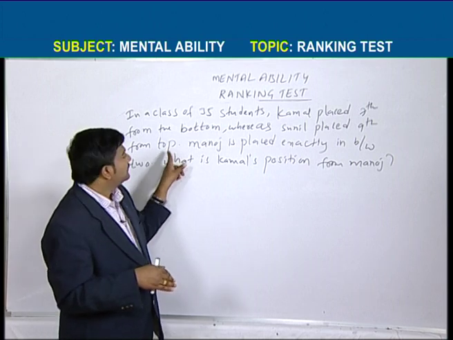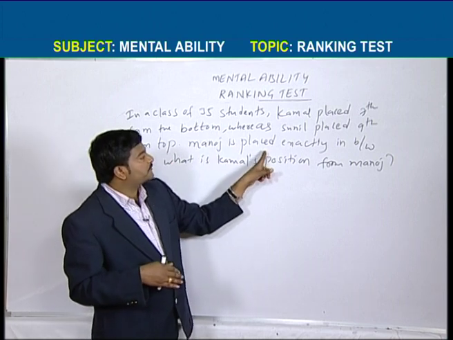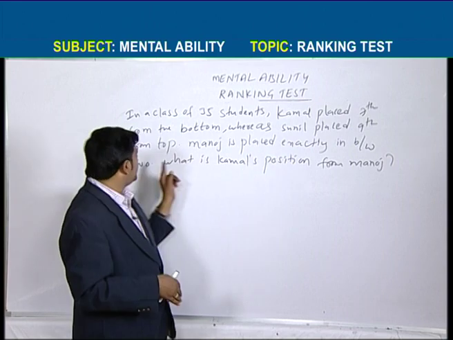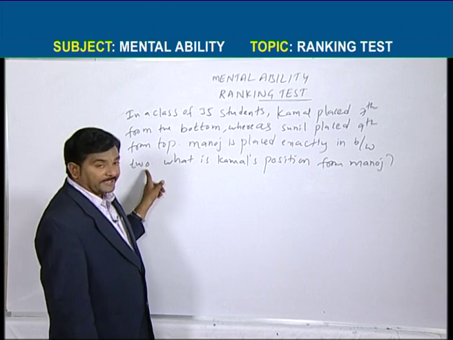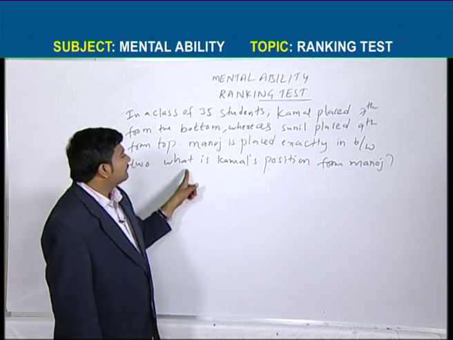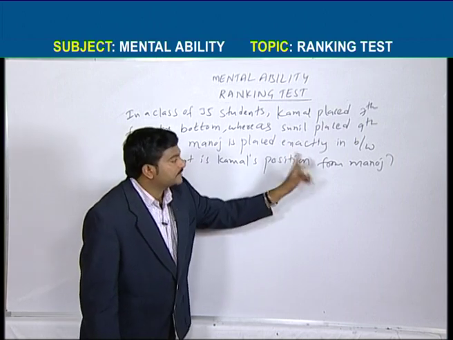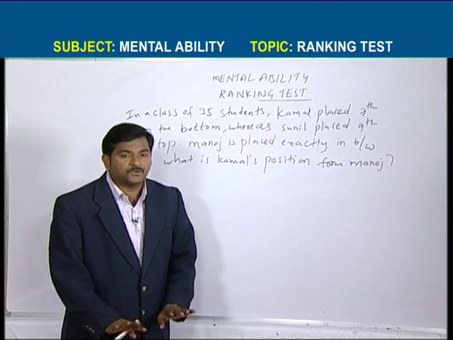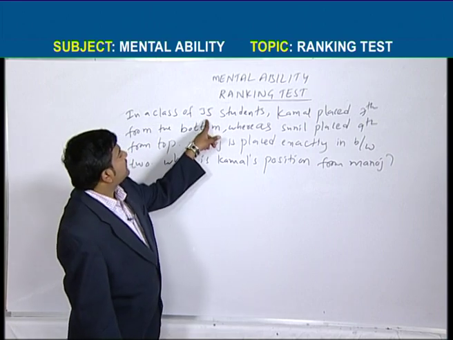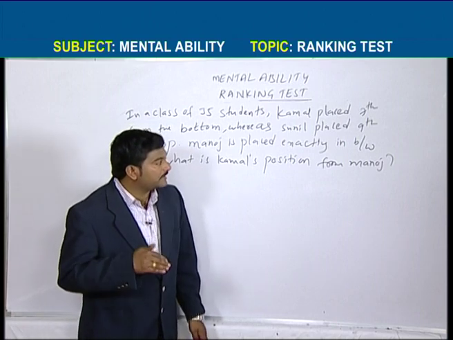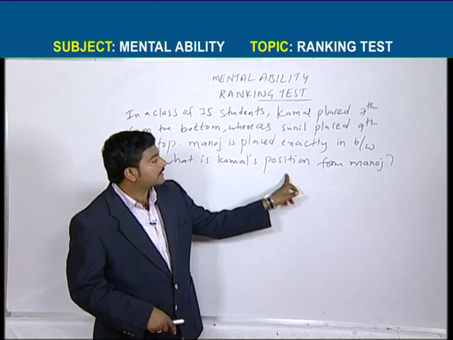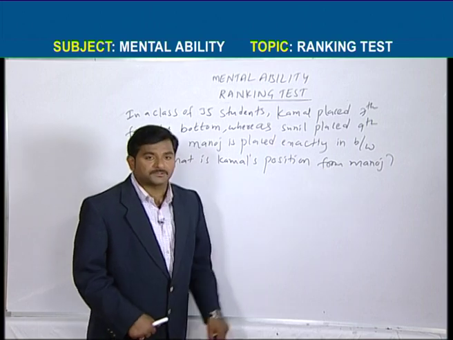Now Manoj is placed exactly in between the two. What is Kamal's position from Manoj? He doesn't want the total students; he only gave the total as 35. He asked to find Kamal's position from Manoj.